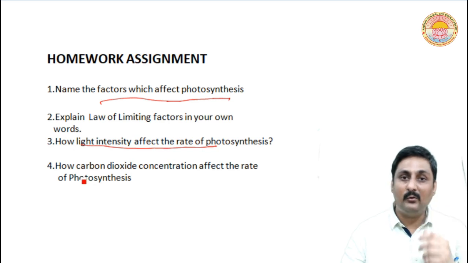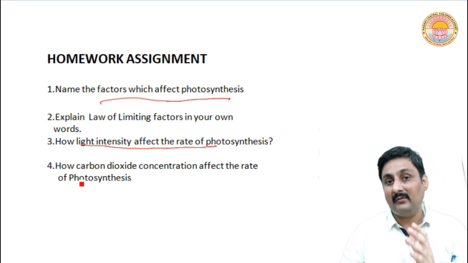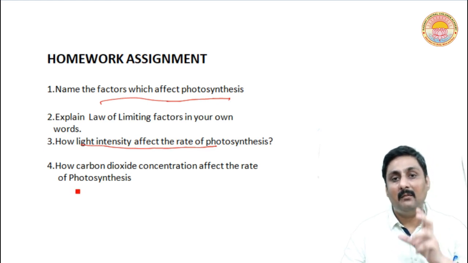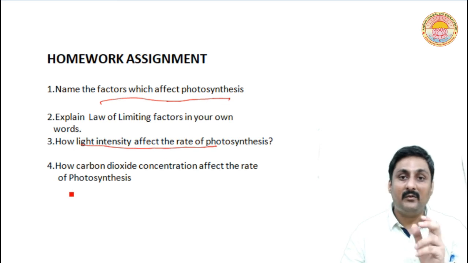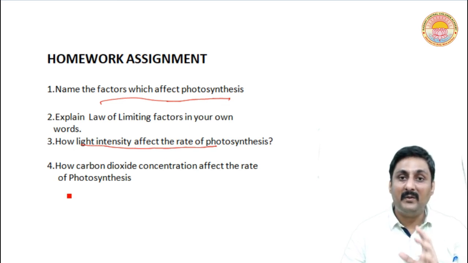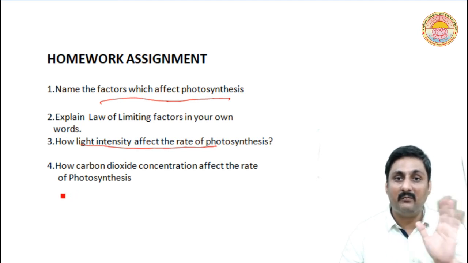I have already told you in case of C3 plants, the current level of carbon dioxide is a limiting factor, but not in case of C4 plants, because you know the Calvin cycle enzymes are located inside the bundle sheath cells where oxygen cannot reach and it cannot combine with Rubisco. So Rubisco is left only to combine with carbon dioxide and not with oxygen.